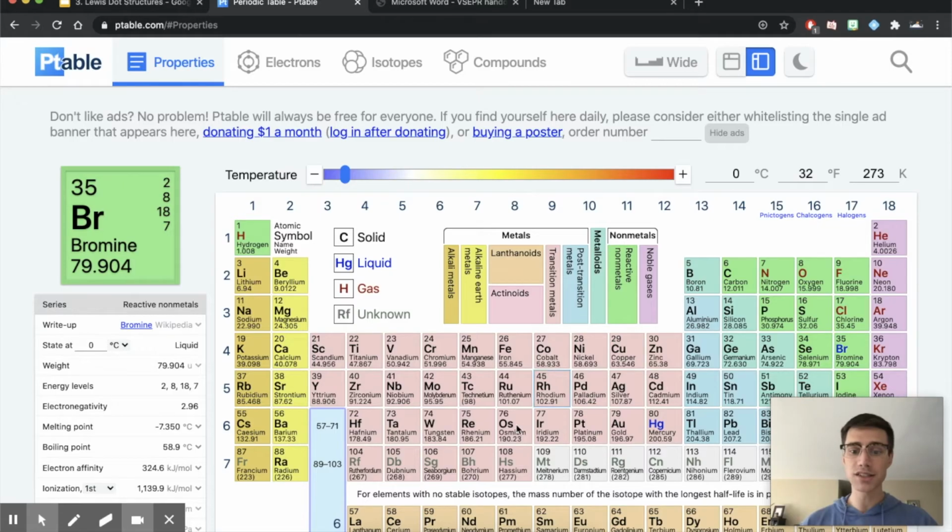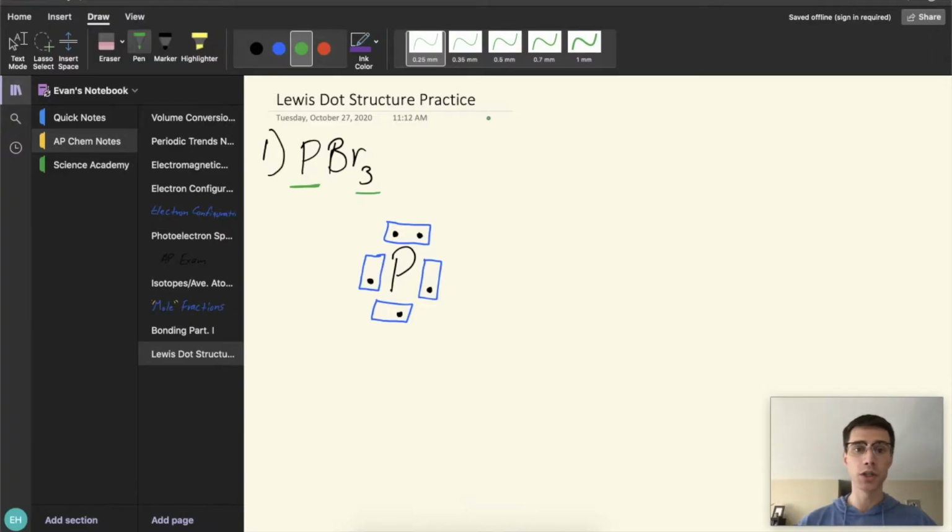So bromine has 7 valence electrons, which means I'm going to draw a similar orientation for these bromine atoms. Actually, I'm not going to draw the boxes, but I'm going to continue to draw the valence electrons around the bromine atom. Remember, it has 7 valence electrons. So I'll put 1 up here, 1 on the right, 1 on the bottom, 1 on the left.